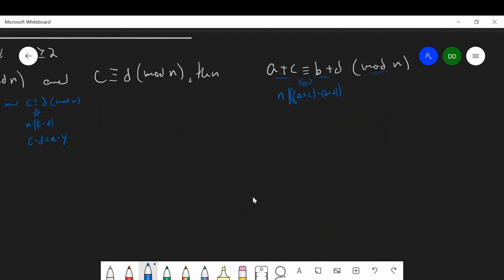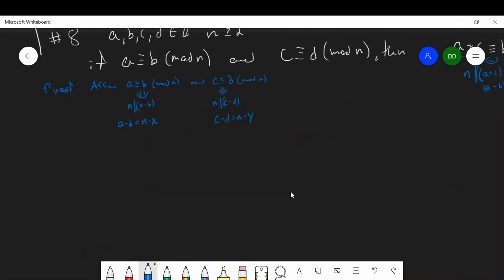And notice over here, A plus C minus B plus D is the same thing as A minus B plus C minus D. And why would I want to do that? Well, those are the equations that I have over here, A minus B and C minus D. So if I add those two things together, what do I get?